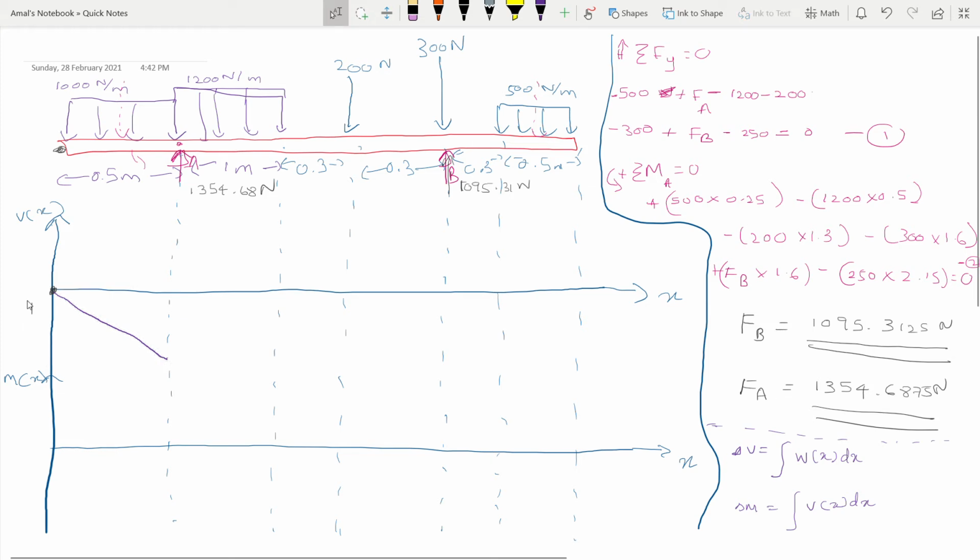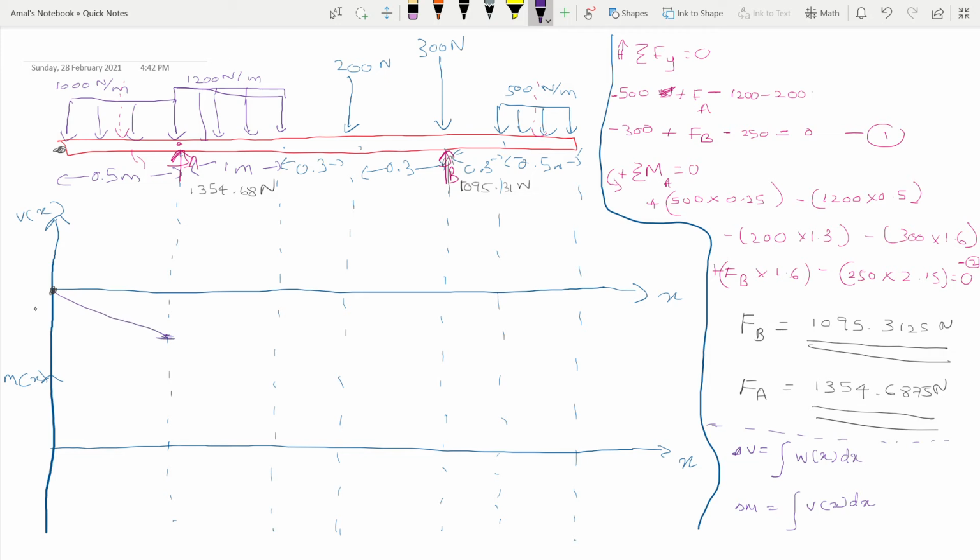Okay, hold on. Alright, so it's going to go down to what value? The value is going to be the area inside the distributed load. So it's going to be 1000 times 0.5, which is 500. So the change from 0 goes down to negative 500, as a straight line.